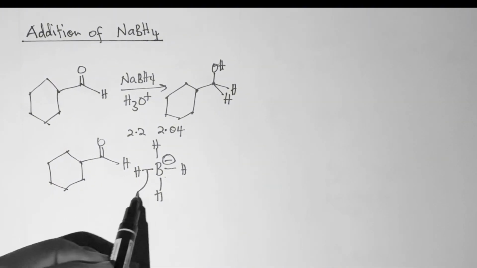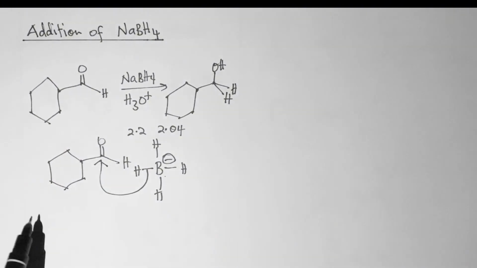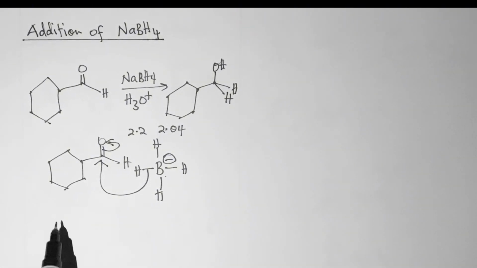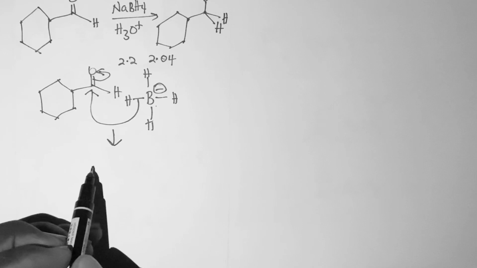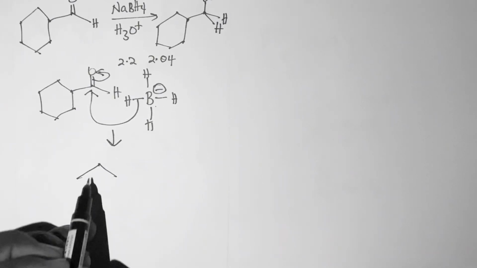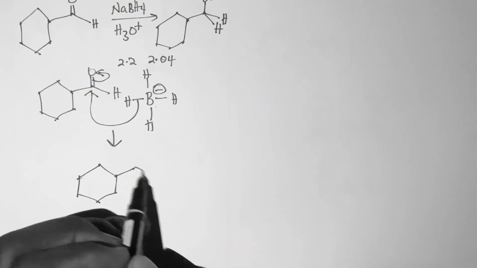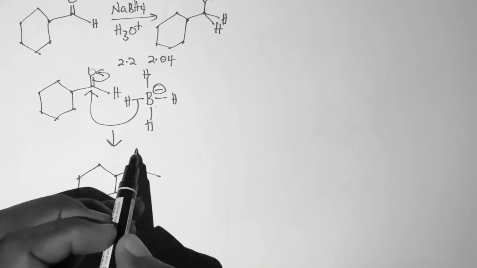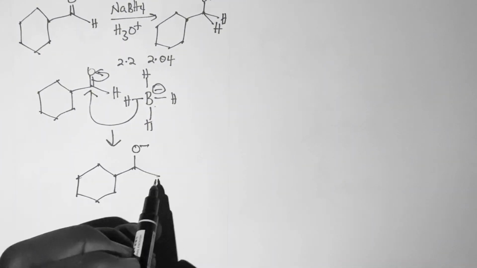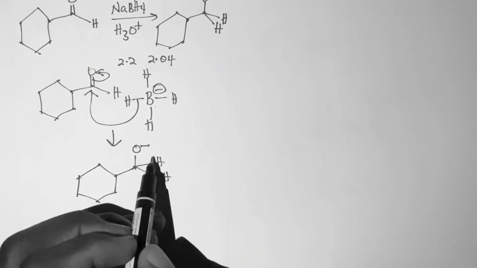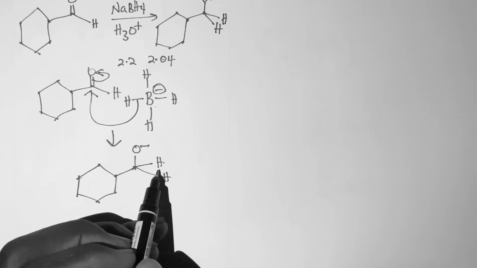So these electrons will be moved to this carbonyl center, causing these pi bonds to break. So in the intermediate step, we are going to form this in solution. So this is the hydride coming from the sodium borohydride.